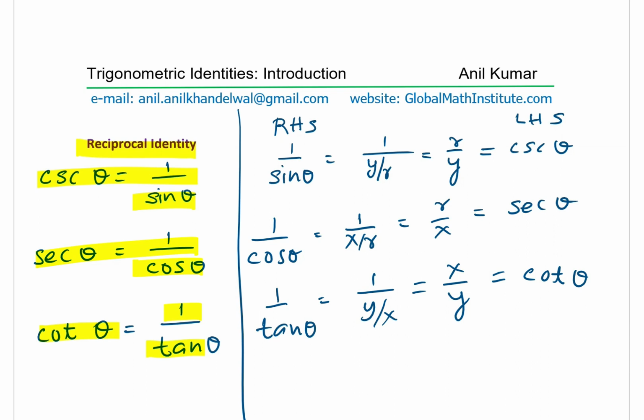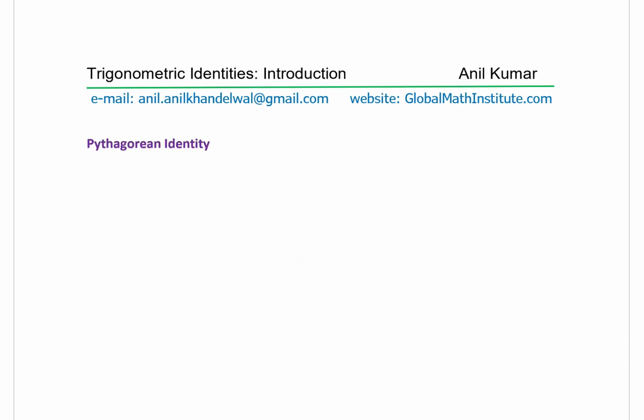Now let's take the Pythagorean identity. The Pythagorean identities could be written, there are three of them. One is sine square theta plus cos square theta equals 1.